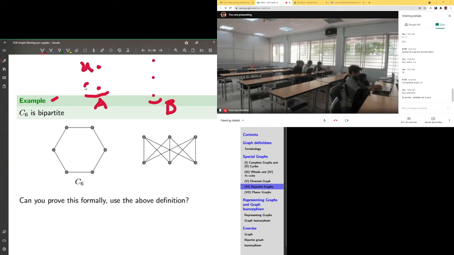You understand? You have to draw the picture in your notebook, please. And in the second part, you have three nodes, v, b, and c. Understand me? Then you have to say that the first condition of the bipartite means the vertex set will be the disjoint union of two subsets A and B.